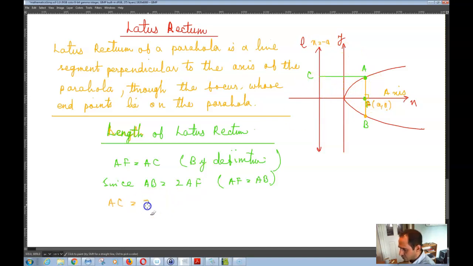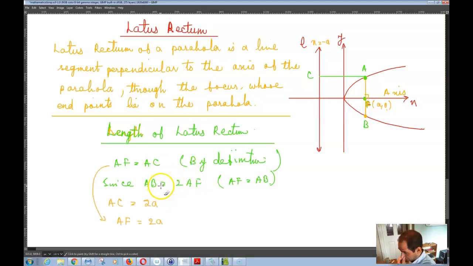That's 2a units. So I can write this equation as AF is equal to 2a, and since AF is equal to half of AB, AB is equal to 2 times AF.